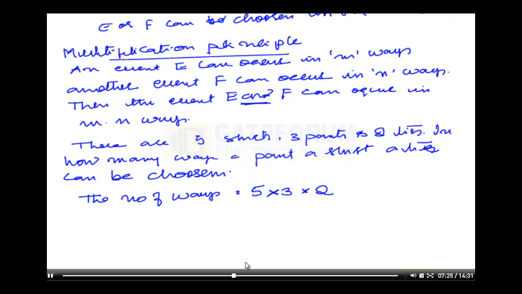We are not adding, because we want each one from shirt, pant and tie, unlike in the previous case where we can choose either a male or female, not both. Therefore here the number of ways would be 30. So 30 different ways of choosing a pant, a shirt and a tie.